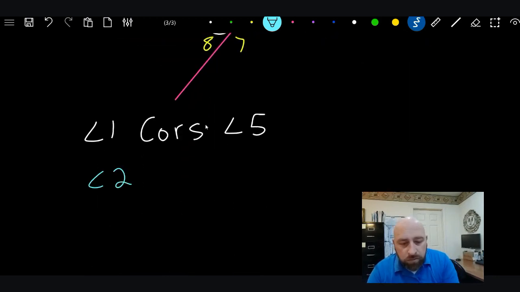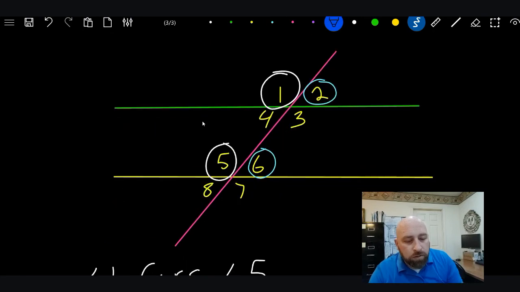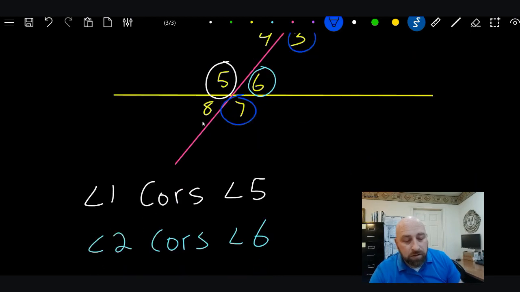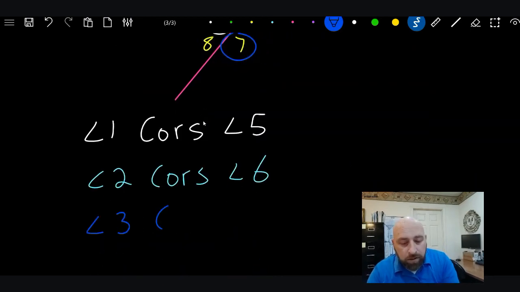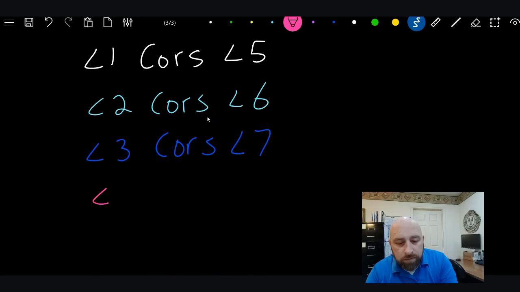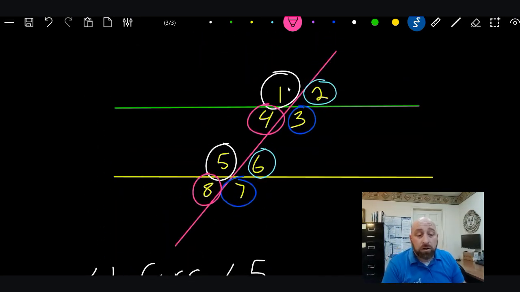Angle 3 corresponds with angle 7. And then there's only one set left: angle 4 corresponds with angle 8. That goes through all the possible corresponding angles.